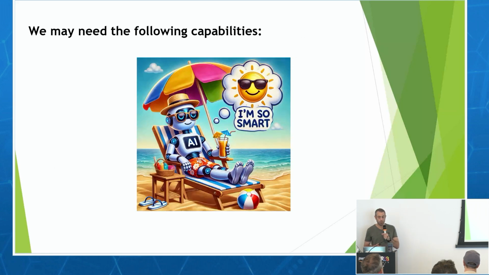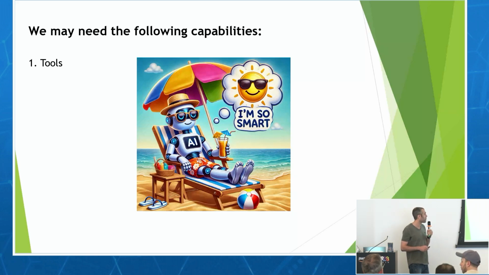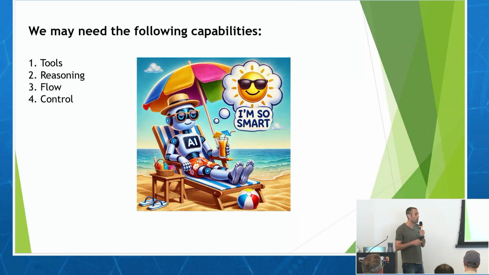So in order to do all of this, we may need the following capabilities. First, we need to have tools for this agent. Second, we want to have a reasoning ability. We want to construct our own flow of how to solve this. We want to have a control over the process.